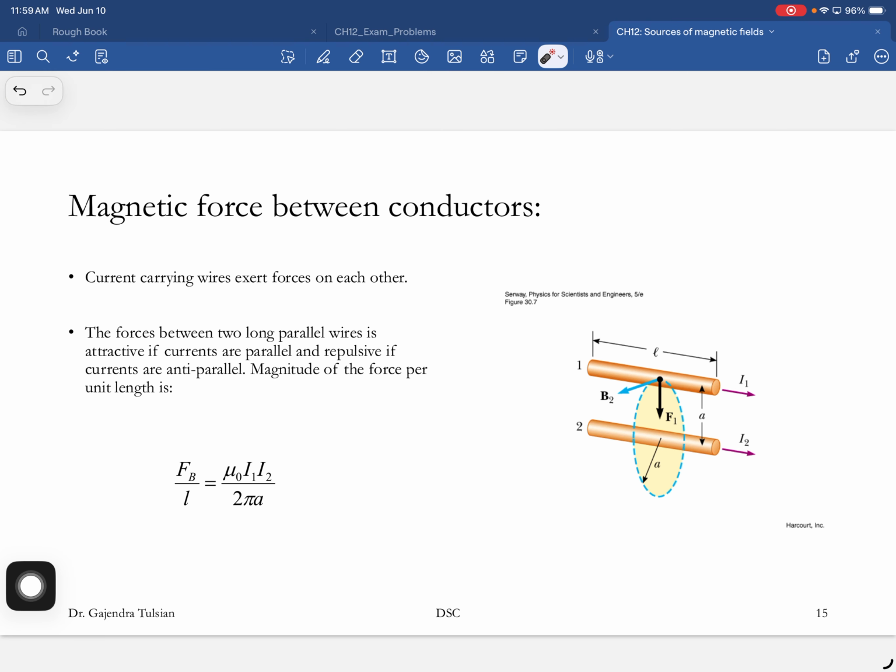Notice, if one of the currents is 0, then the force is 0. Why is the force 0? They're not both magnetic. Only one is. One is producing a magnetic field, but there are no moving charges in the other to sense the magnetic field.